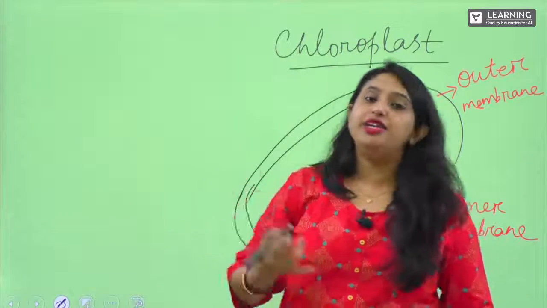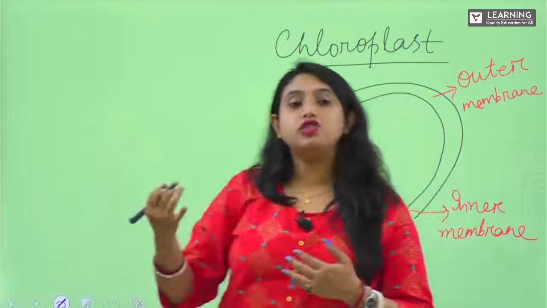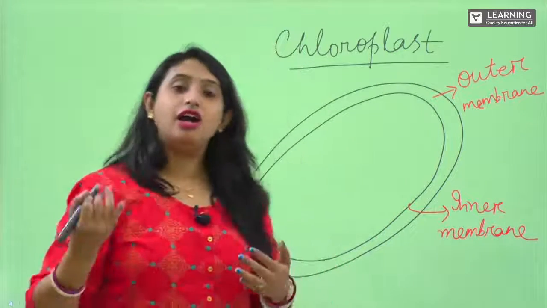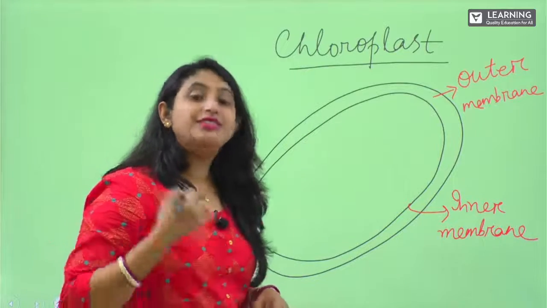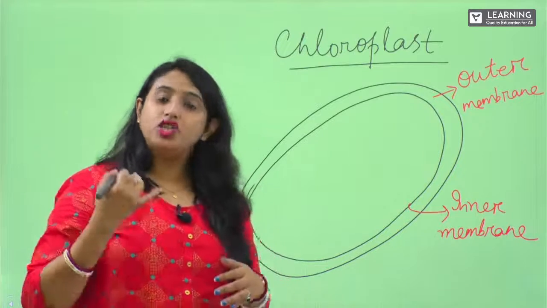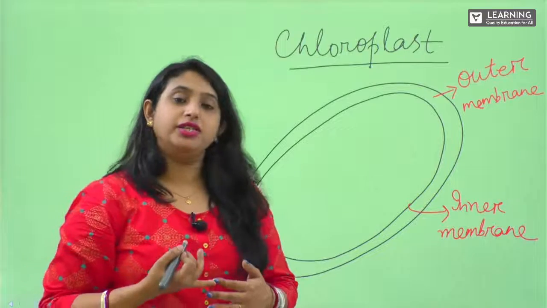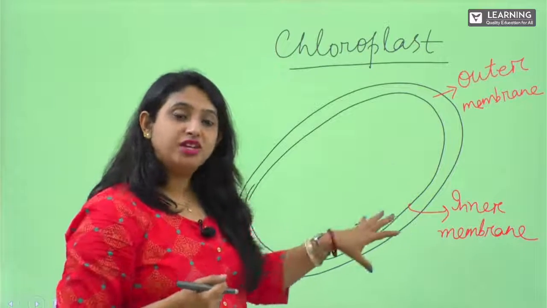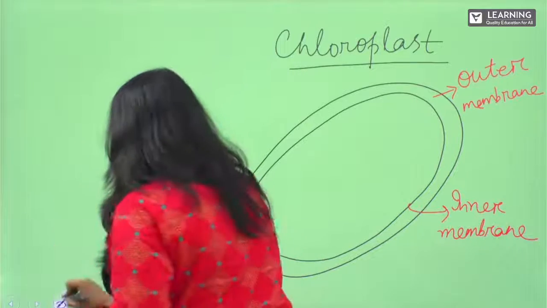Now, what is the function of this outer membrane? This outer membrane helps in the exchange of molecules. It helps in the transfer of molecules inside and outside the cell. And what is present inside the inner membrane? The thylakoids are present, the genetic material DNA is present, grana is present, starch is present, everything is present inside the inner membrane. So how does the inner membrane look?